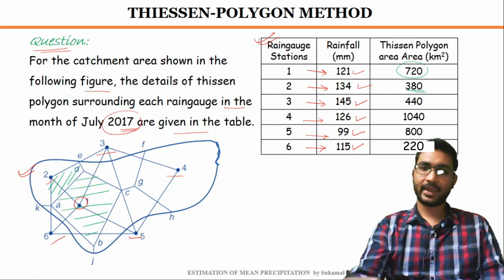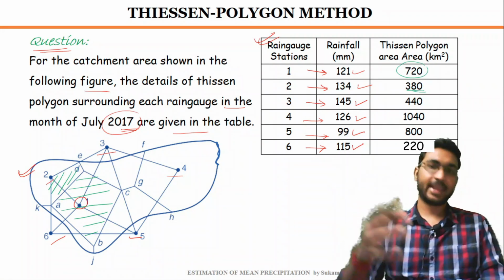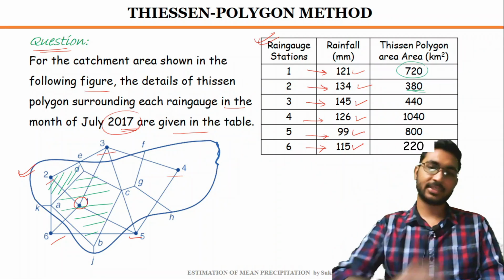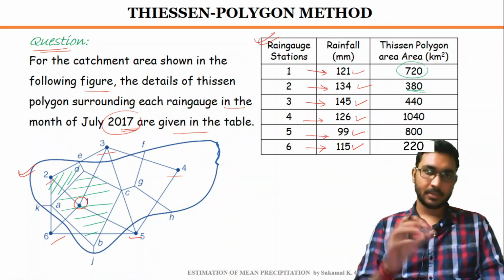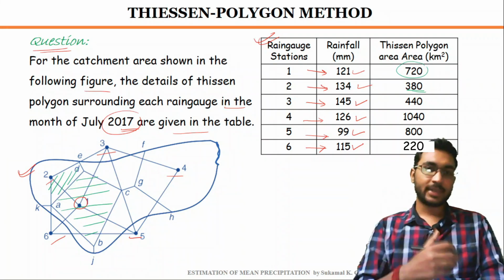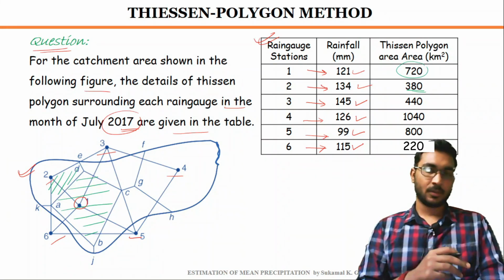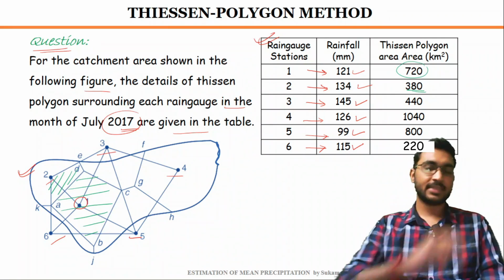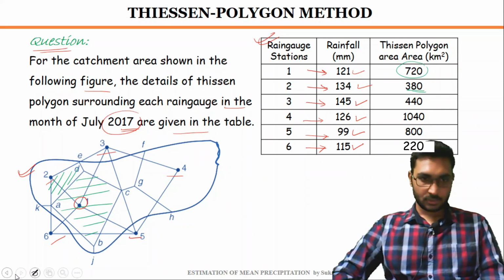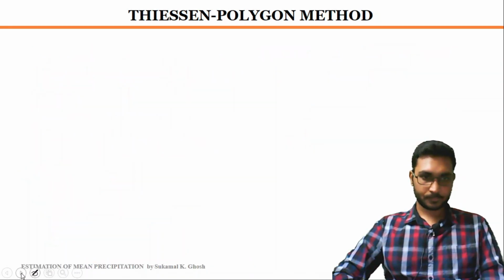In this way all the Thiessen polygon areas are given for each rain gauge station. So we need to calculate the mean precipitation using this data and the Thiessen polygon method. Let's solve this numerical.